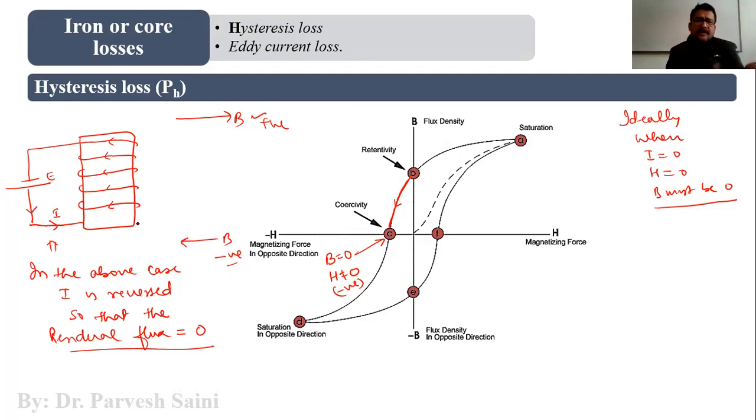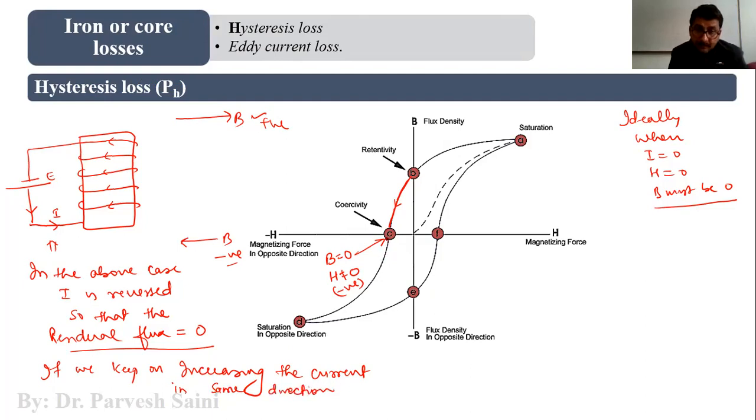Now, suppose that you keep on increasing the current in the same direction, that is the negative direction in this case. Okay, so if we keep on increasing the current in the same direction, right?